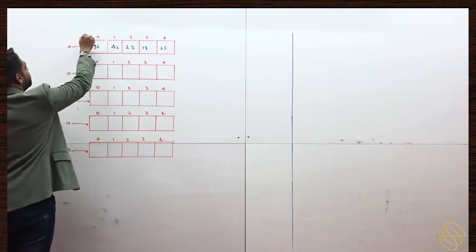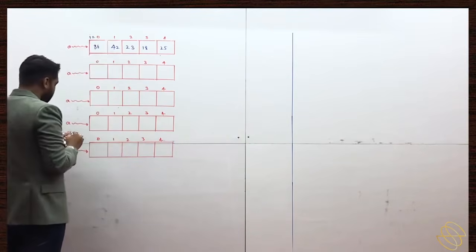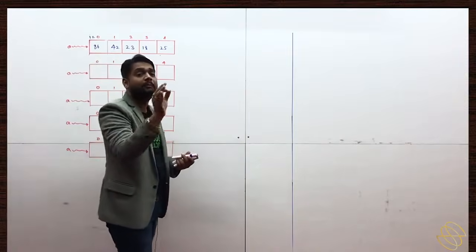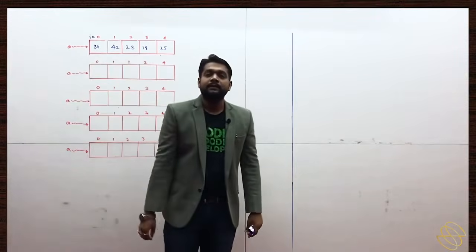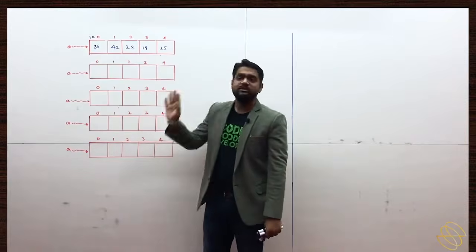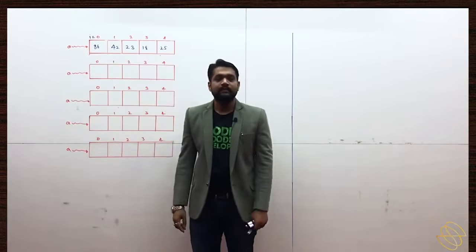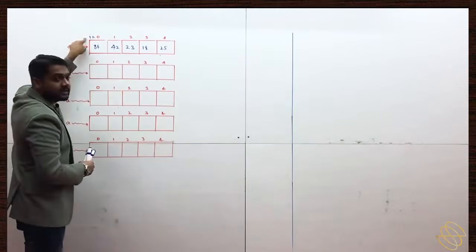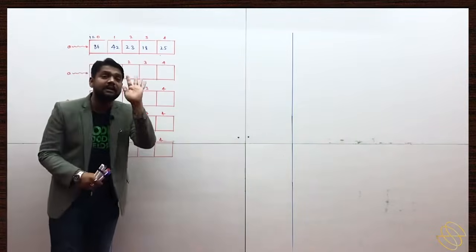Initially, you have to start from i equals 0. Listen to the algorithm carefully. Listening makes you a better coder. Start with i equals 0, and assume whatever is there in array of i has the minimum element.